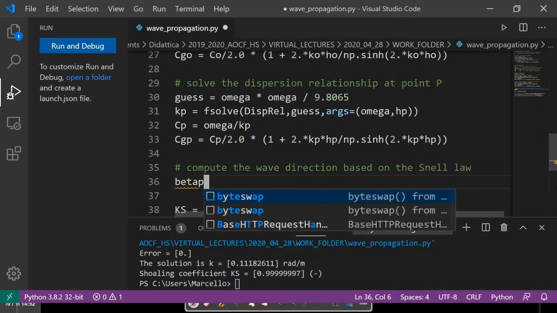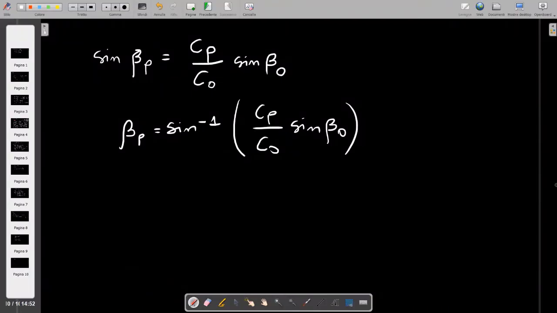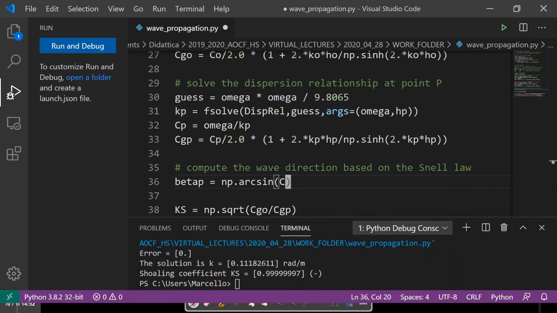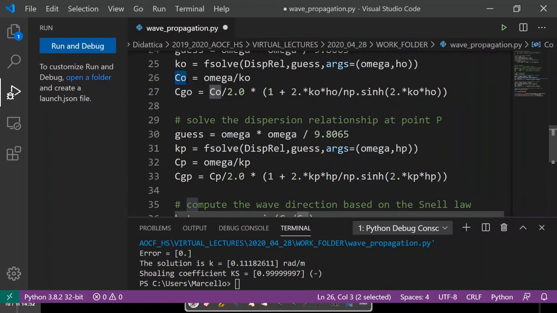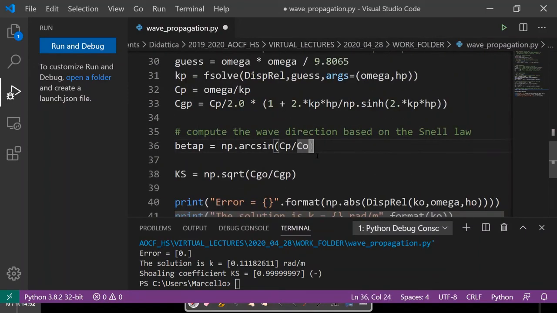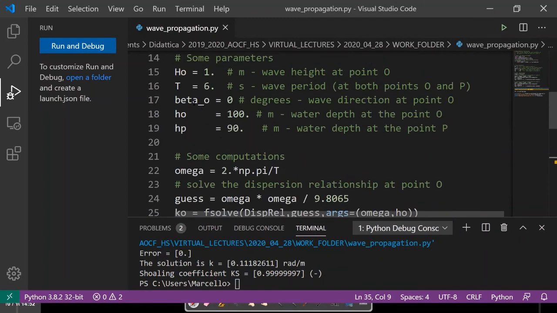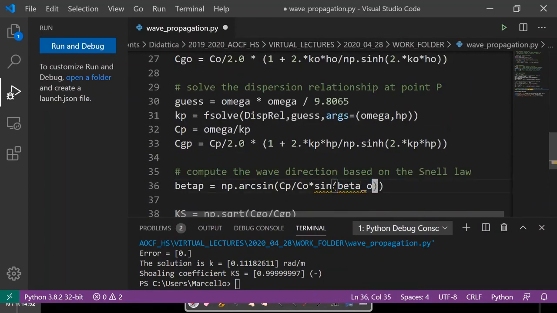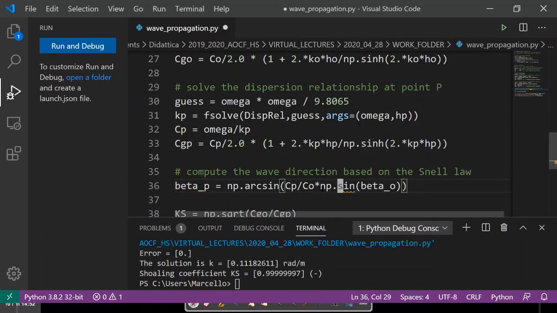Then beta P is equal to the arcsine of Cp, and Cp is this one, so we know the value of Cp, over Co, that is the wave celerity offshore, and we know Co, times the sine of beta O. Beta O we called beta O. So also we can write here beta P. We need to write NP.